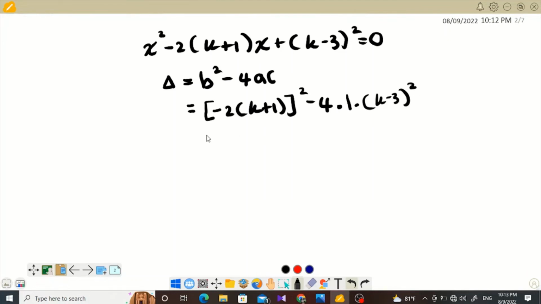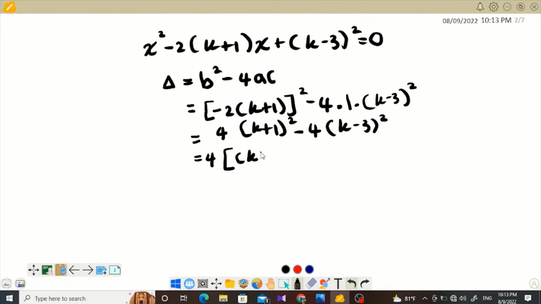Now I am going to expand these terms. Minus 2 squared is positive 4, times (k plus 1) squared, minus 4 times (k minus 3) squared. I can take 4 outside, it is a common term, and I write the other terms in the square bracket: (k plus 1) squared minus (k minus 3) squared.